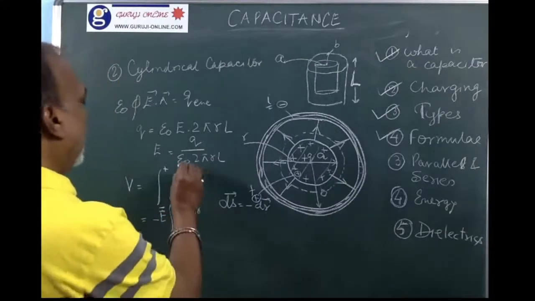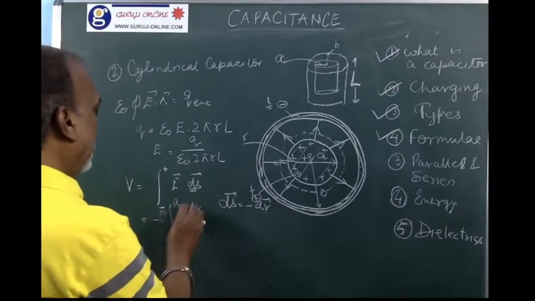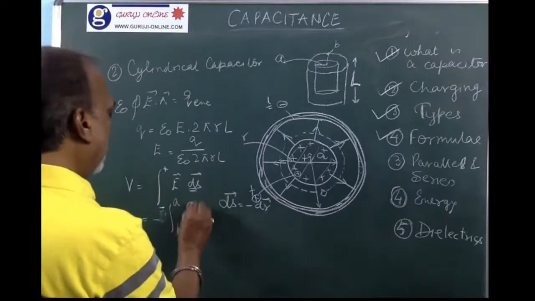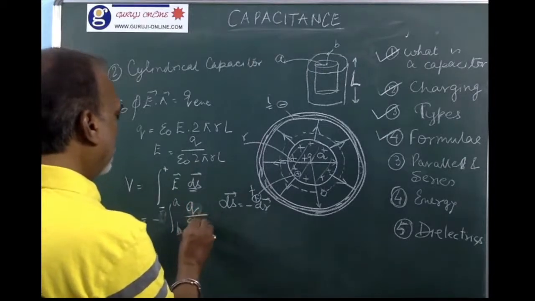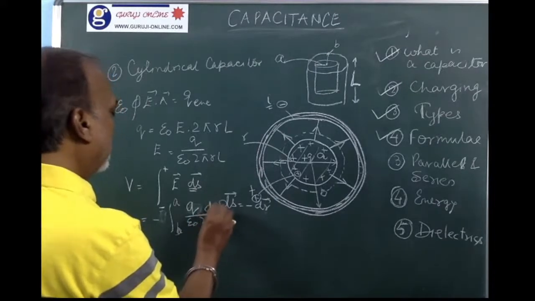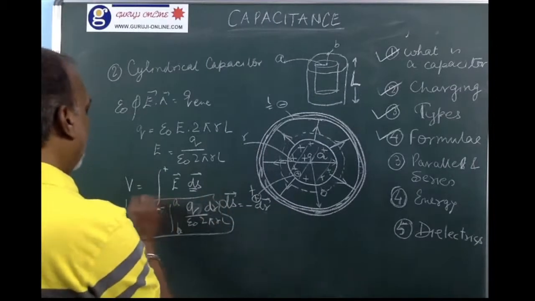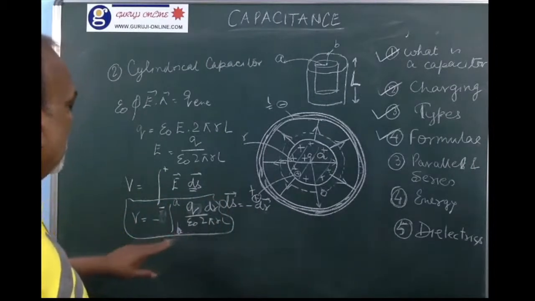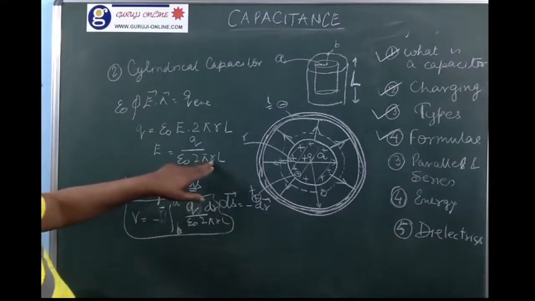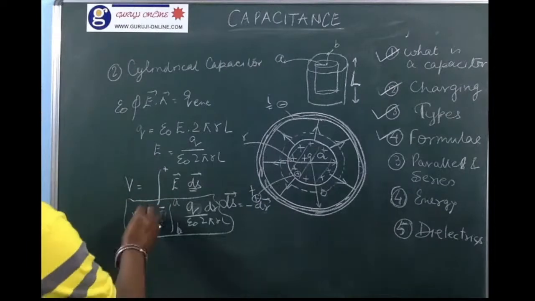Sorry, E is not uniform. E we can write from here: Q upon epsilon 0 2 pi R L and dr. Please understand this, because here E is changing with respect to R. So we have to take this into account for finding out the voltage.